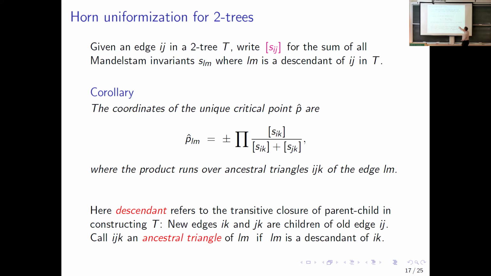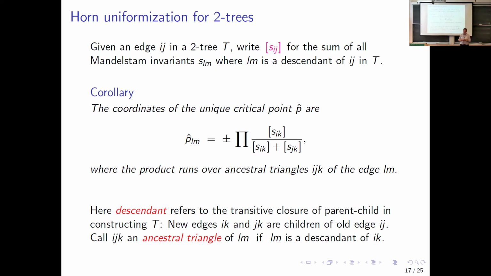Then you can also write it the following way. The LM coordinate of the unique critical point is the product over these simple rational functions, bracket Sik divided by Sik plus Sjk, and the product runs over all ancestral triangles ijk of the edge LM. So LM is an edge further down in the tree, but it came from some edge that was participating in a triangle.